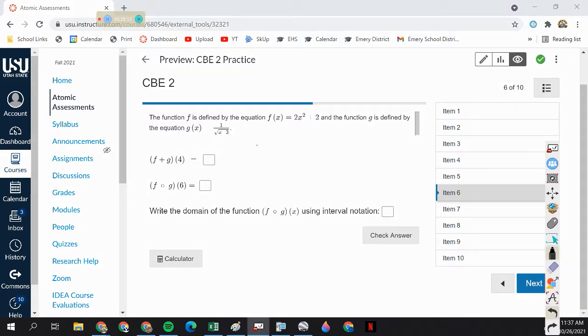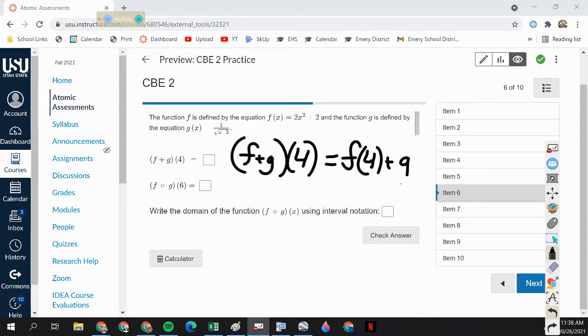So (f plus g) of 4 is the same thing as f of 4 plus g of 4. And we did this in chapter 1 of the book. So I could create a new function and then plug 4 into the new function. But the easier way to do it is plug 4 into both old functions and then just add the answers.